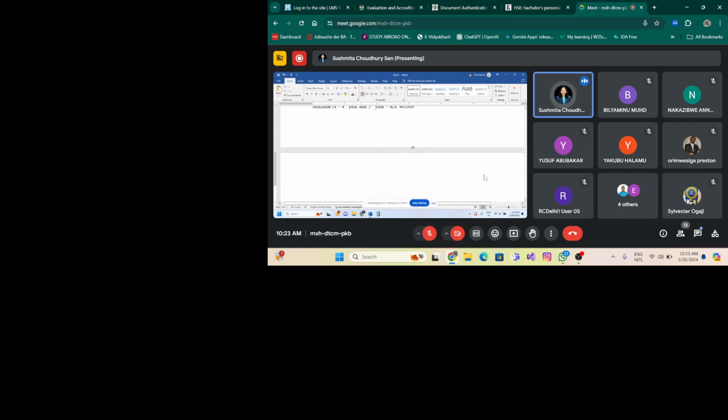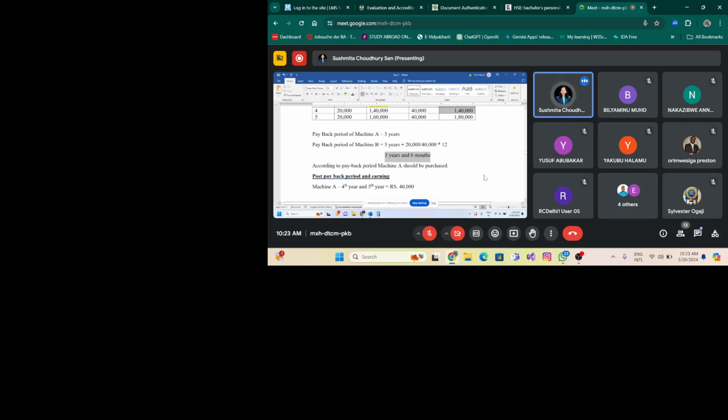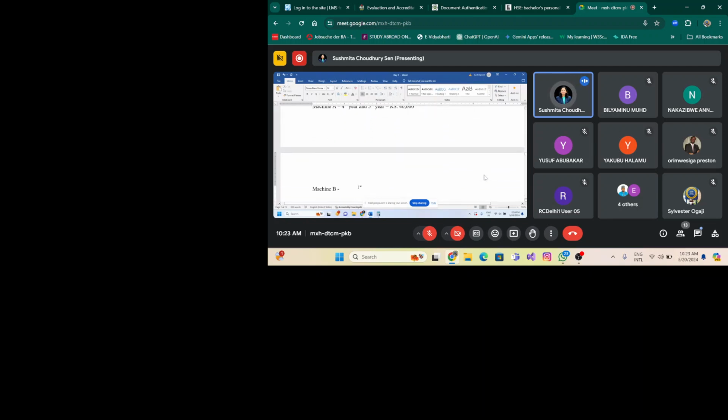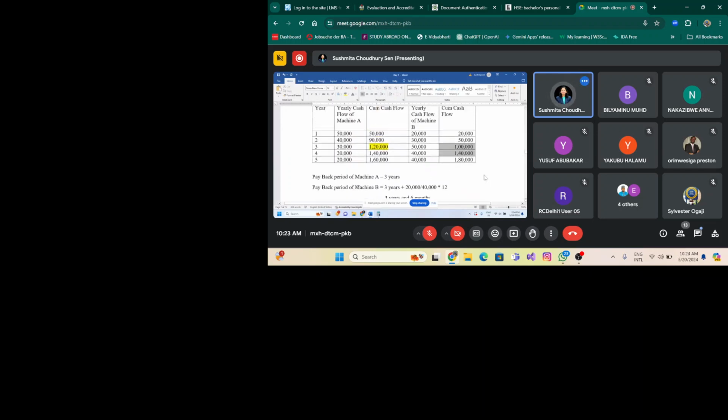Now let's talk about machine B. Machine B is returning the investment in 3 years and 6 months. And if the total is 5 years, that means the post payback period is another 1 year and 6 months out of 5 years. And how much would be the earning?